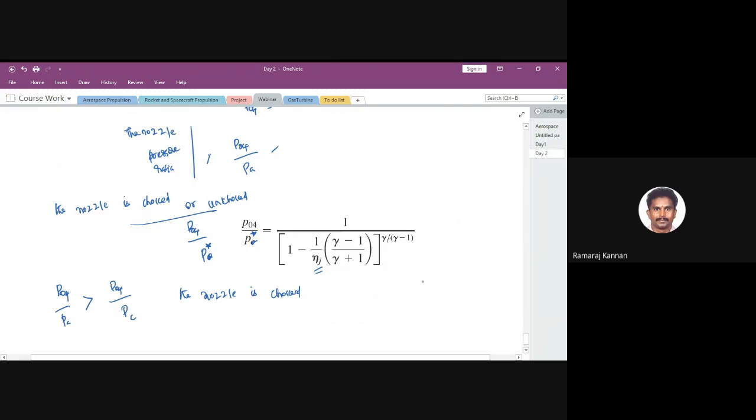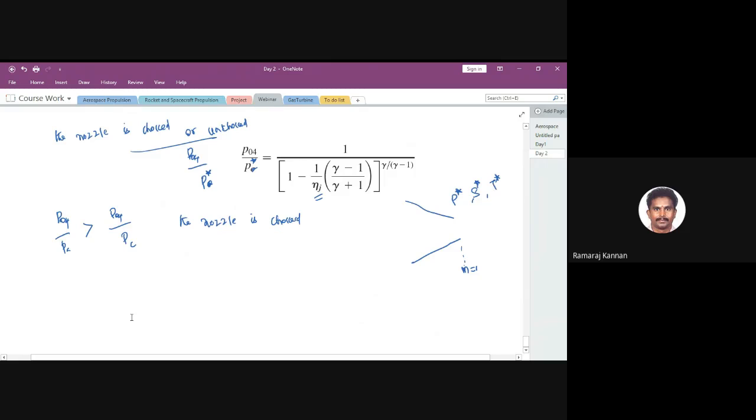If the nozzle is choked, what will happen at the exit? Your Mach number is going to be 1. So the conditions are going to be critical conditions: T star, rho star, and P star. We have to find out your critical condition here. T04 by TC is going to be gamma plus 1 divided by 2.